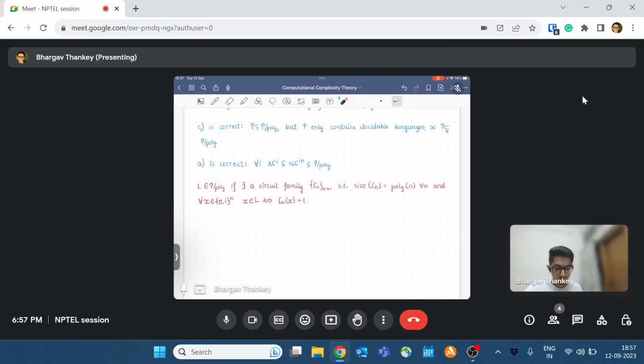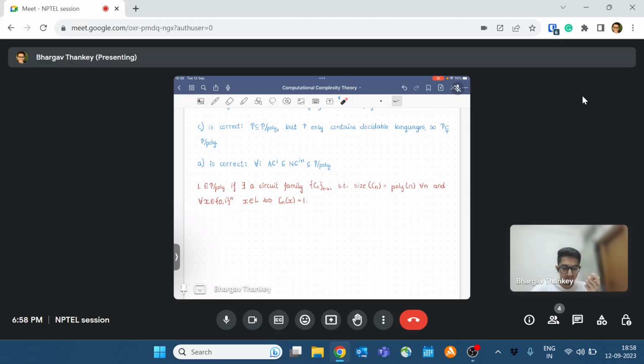What I was trying to say is that you said we are trying to find a Turing machine which can tell me whether U-halt halts or not, right? So what's the definition of a decidable language? A language is decidable if there exists a Turing machine which in a finite number of steps can accept or reject.